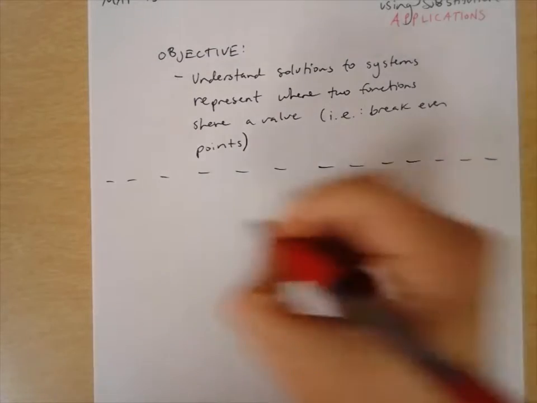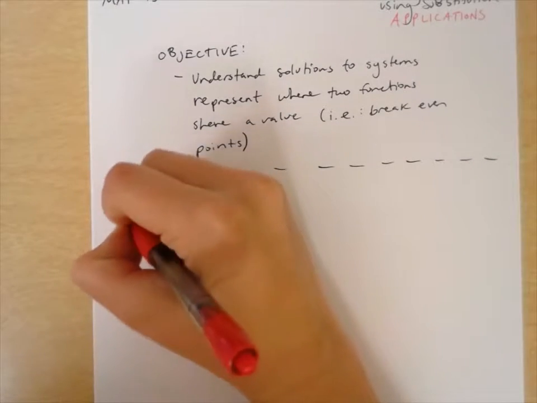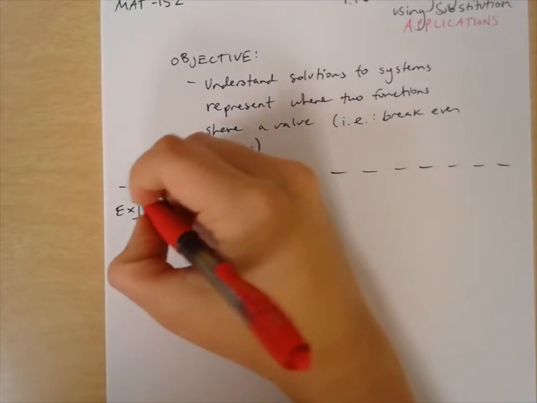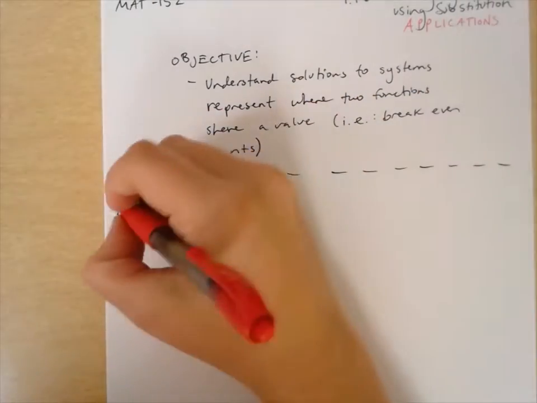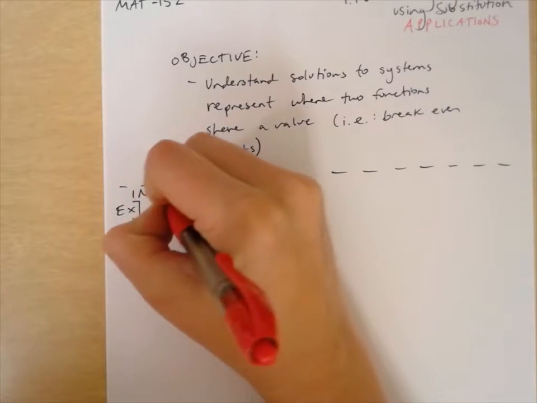Our first example is finding an amount of interest. So we're going to title this one Interest.